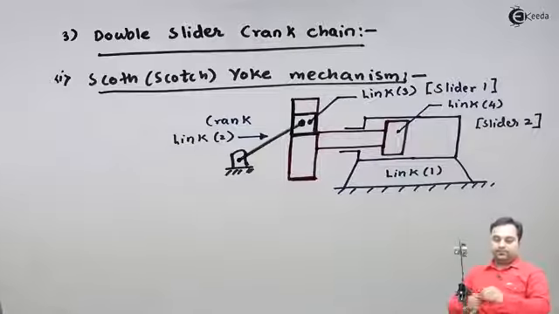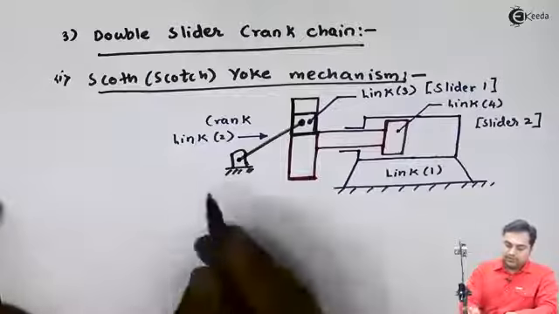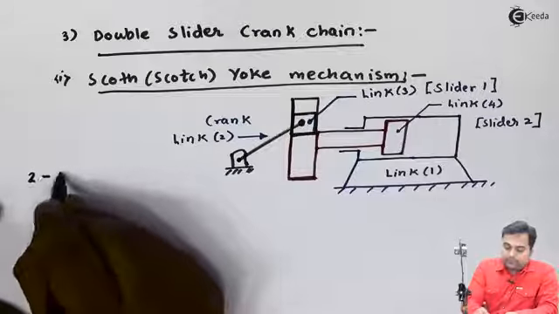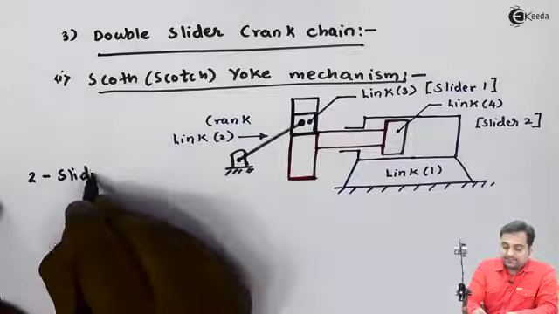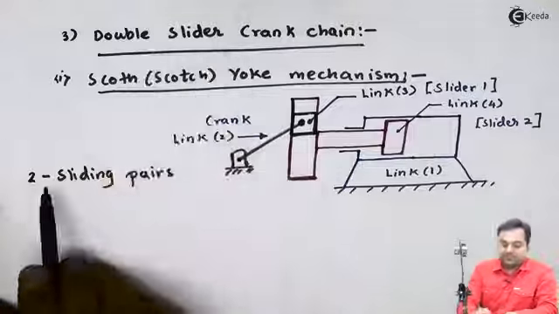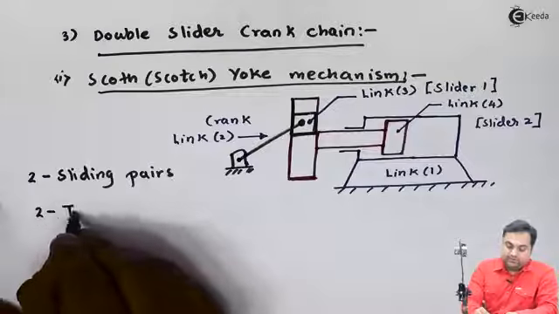Now in case of Scotch yoke mechanism, here we would be having two sliding pairs, because it is a double slider, so we have two sliding pairs and two turning pairs.